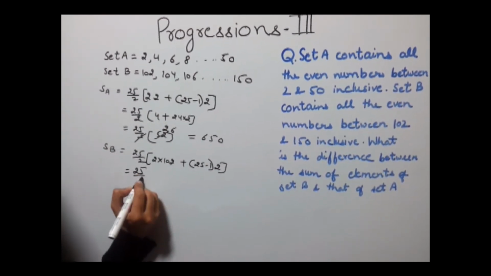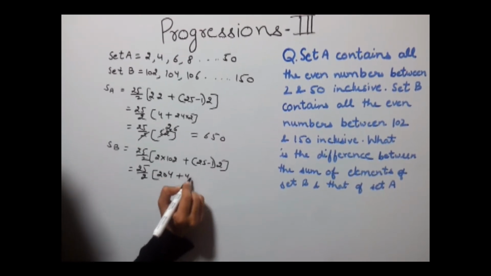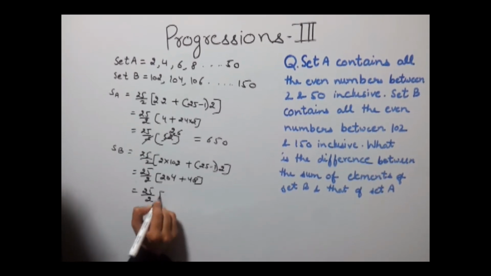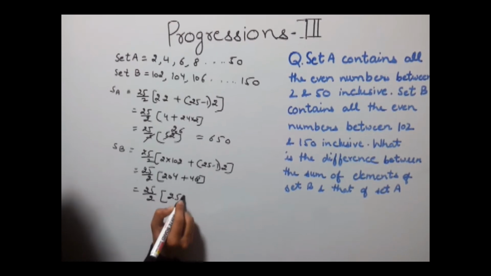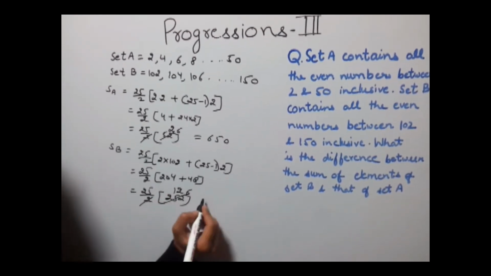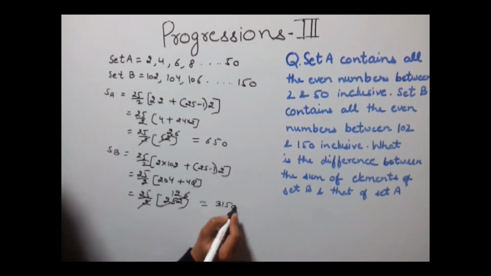This would be equal to 25 by 2 into (204 plus 48), which is equal to 25 by 2 into 252. This will give you 126, and 126 into 25 is equal to 3150.